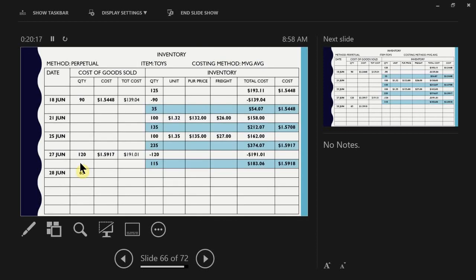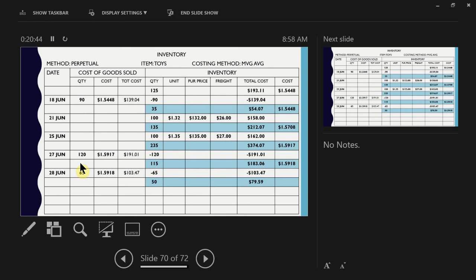So 65, all right, and we're taking our new average cost, which is going to be the 159.18 instead of 17, right? And we're going to calculate that I got a total of 103.47. We're going to subtract that out of our new group item, and we're going to recalculate. So here, 115 minus 65 gives us 50, which is what we end with.